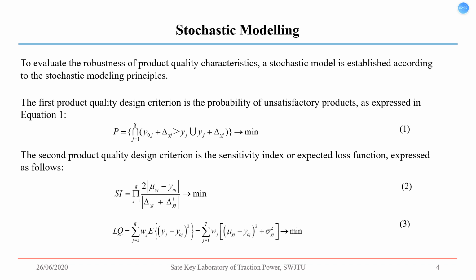The second product quality design equation is the sensitivity index, or expected loss function, expressed as follows. From the equation, we can know that equation 2 is the sensitivity index. The 3 is the loss function.